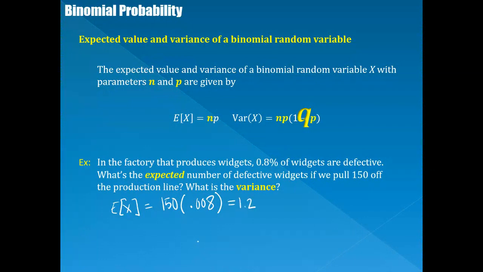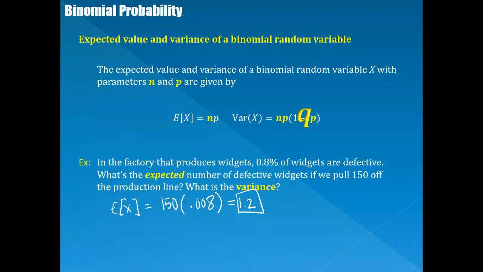And that's a little silly. It's literally not possible to get 1.2. But what this is indicating is that on average, if we did this day in and day out and we picked 150, you would expect on average to get 1.2 for every 150. You're not actually going to get 1.2.